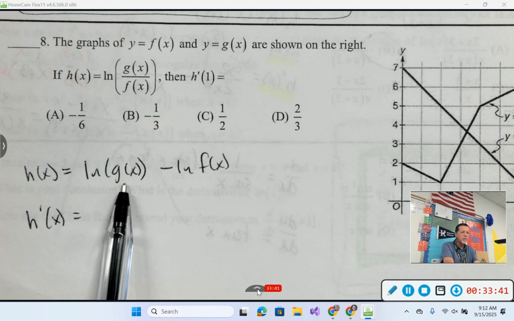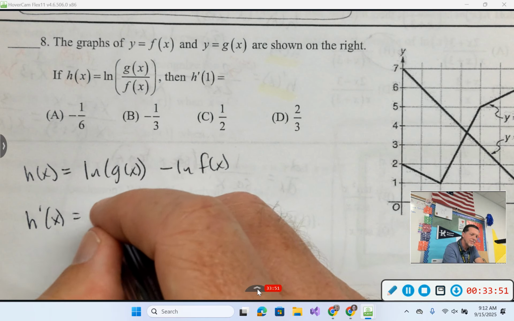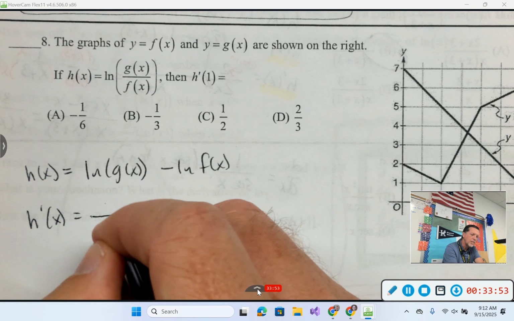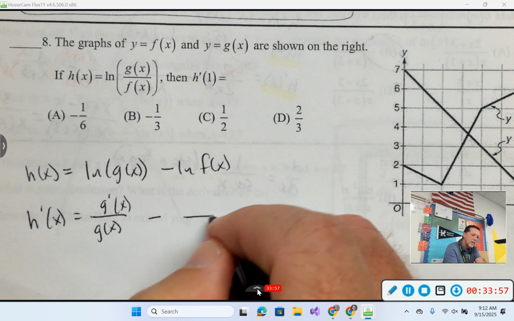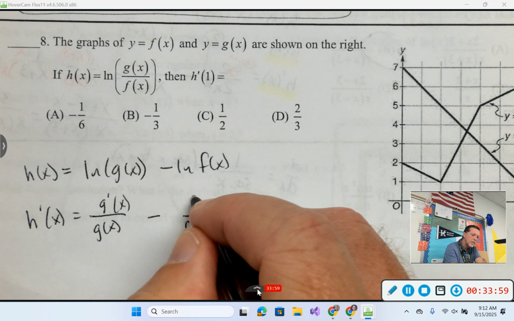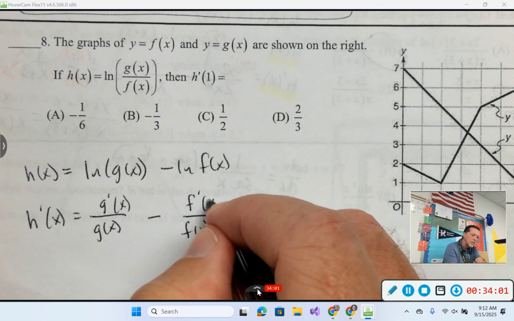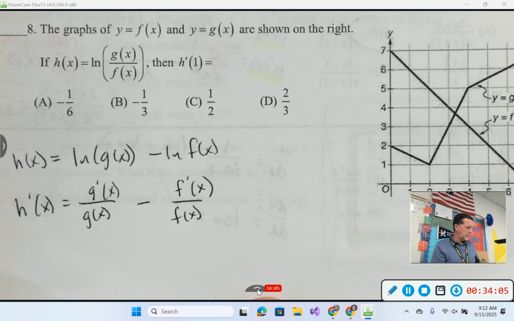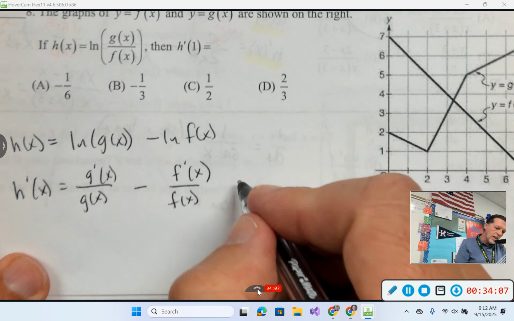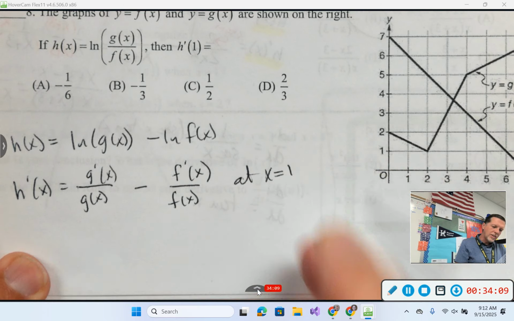So how do I do the derivative of the natural log of g of x? Yep, g of x in the bottom, the derivative in the top. f of x in the bottom, the derivative in the top. And then all of that at x equals 1.